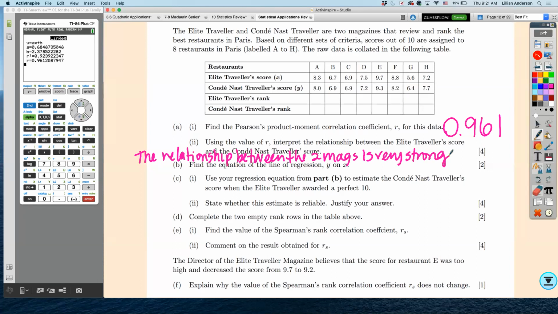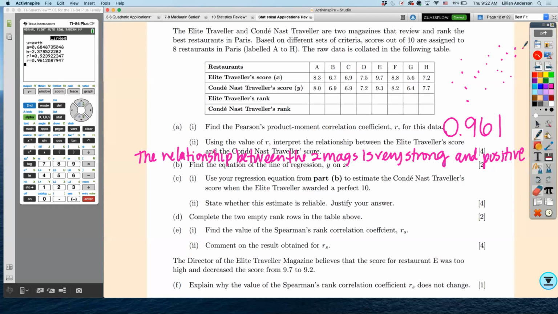And if you want to, you can even say, and positive. What does that mean? That means as Elite Traveler scores increase, so do Nash Traveler scores increase. Because your data is forming a positively strong relationship with one another. Even say that as well.